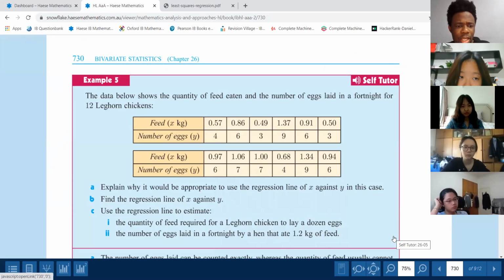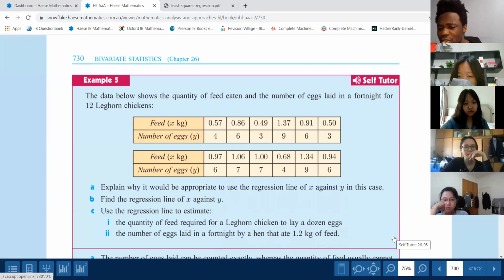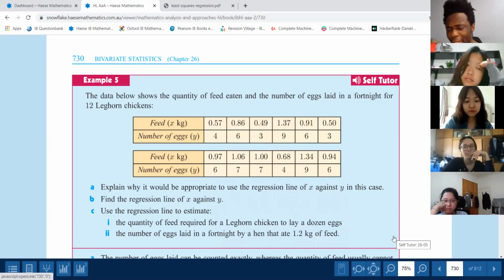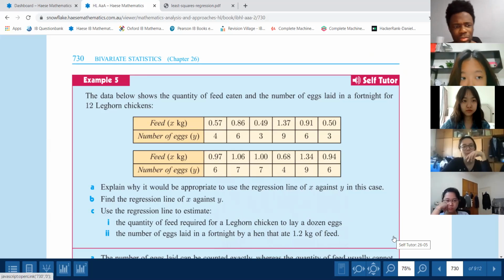Now look at this. It says, explain why it would be appropriate to use the regression line of X against Y. Feed and number of eggs. The data below shows the quantity of feed eaten. How can you measure the quantity that was eaten by, maybe, chickens?